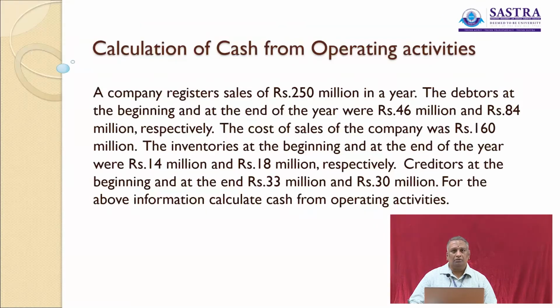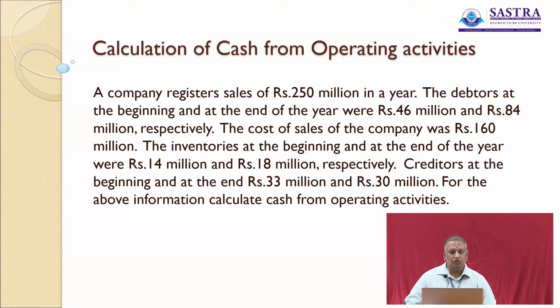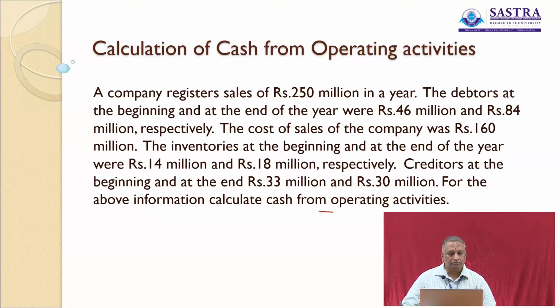Now we will consider another question to understand the calculation of cash from operating activities when information is given in a different format. If you look at the question, you are asked to calculate the cash from operating activities taking into account the sales, which is given as 250 million rupees, and debtors at the beginning.